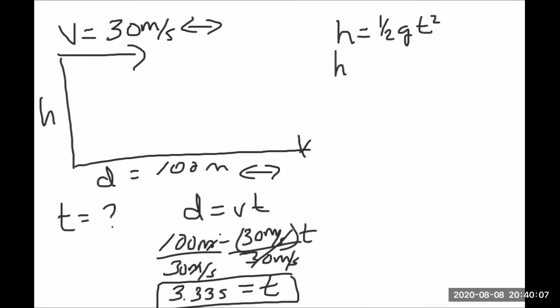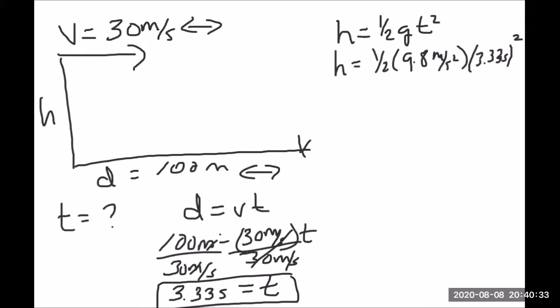Now, to find height, we can use h equals 1/2 gt squared. And so our h would be 1/2 times our 9.8 meters per second squared, because we're on Earth. Unless I say you're doing projectile motion questions on a different planet, assume we're on Earth. Times 3.3333 seconds squared.